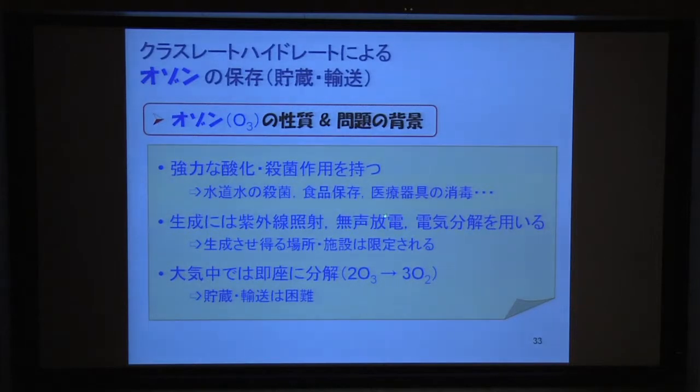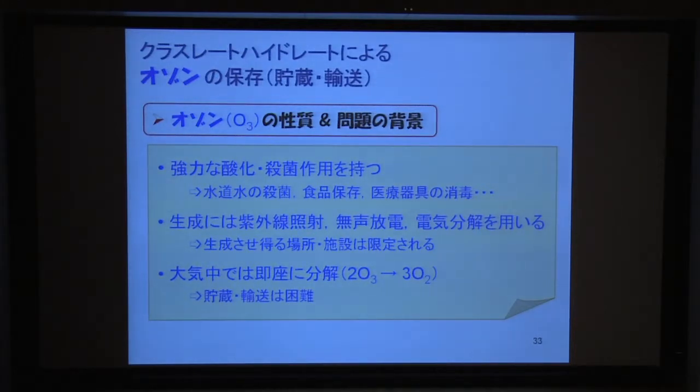However, we have to do the ultraviolet irradiation or silent discharge and electrolysis. And once formed, ozone in the atmosphere would immediately be dissolved into oxygen. So even though we have no burden on the environment, it will be very difficult for storage.